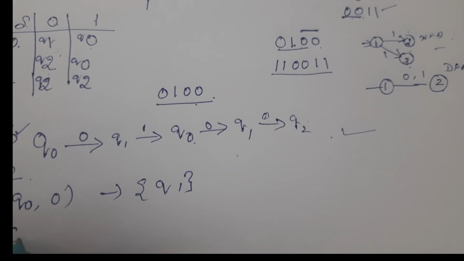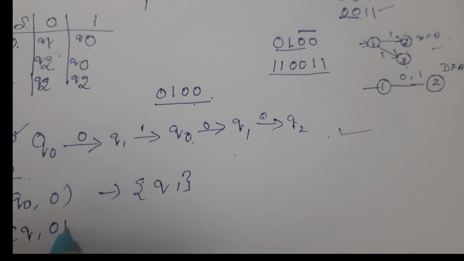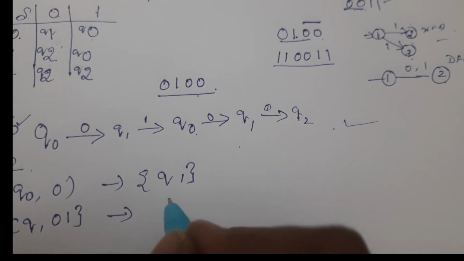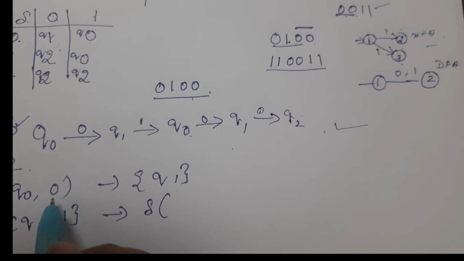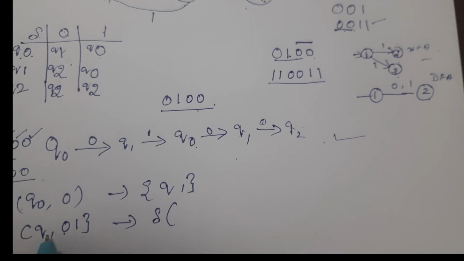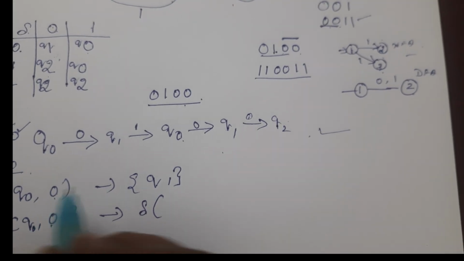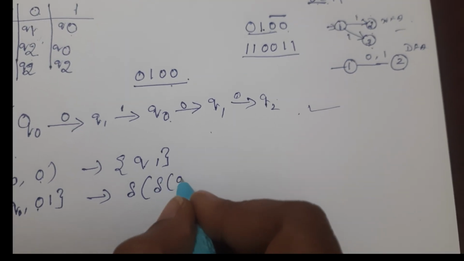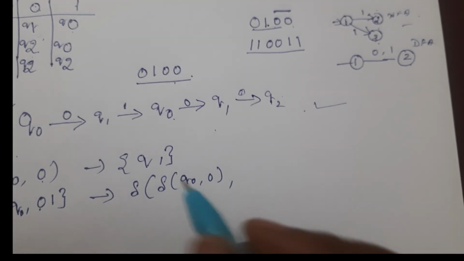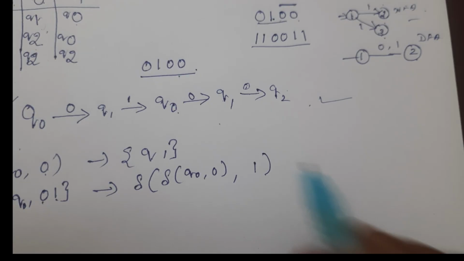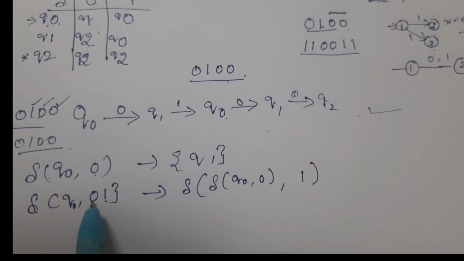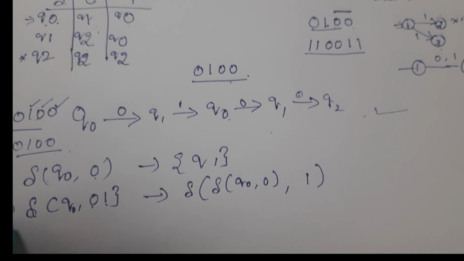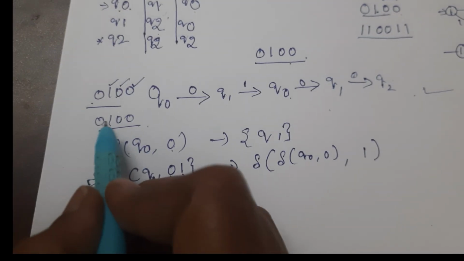And Q1 on 1. For this, I write del of Q0 comma 0 1, because this is the cumulative step of the first and second input.